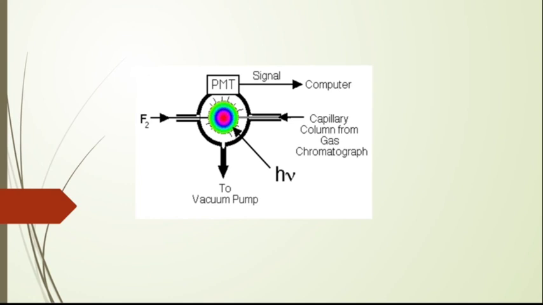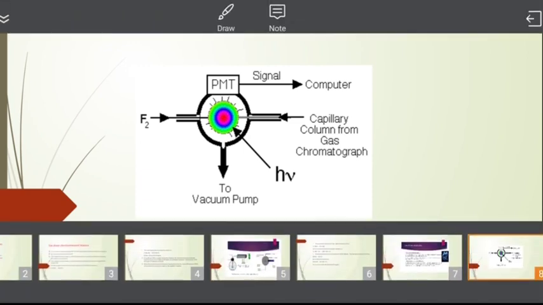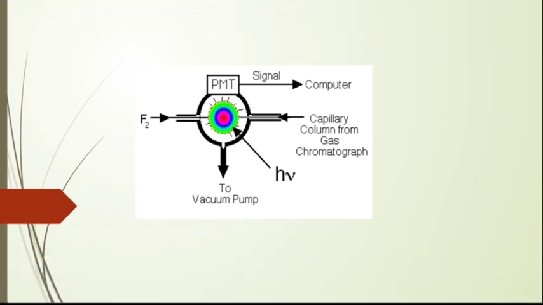This is the diagrammatic explanation, in a simple way, of a gas phase chemiluminescent apparatus. This is a photomultiplier tube, which is used as a detector. The system is computer controlled, or the readout device is the computer, and the sample is injected through the capillary, which is a capillary column from a gas chromatograph.